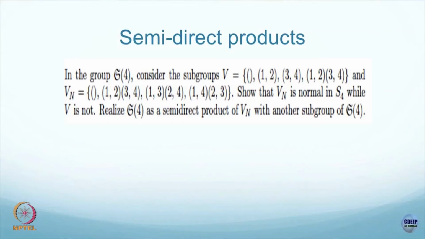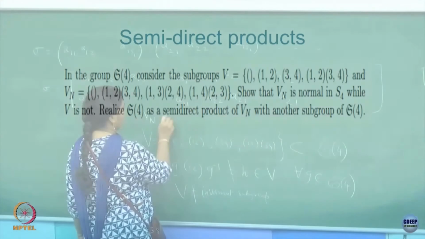V is not an invariant subgroup. So, you need to look at the other group which is given also, do a similar exercise with Vn, and you can show that Vn is normal while V is not, okay. The same arguments you have to do, but you will be able to show that the other group Vn will be an invariant subgroup.